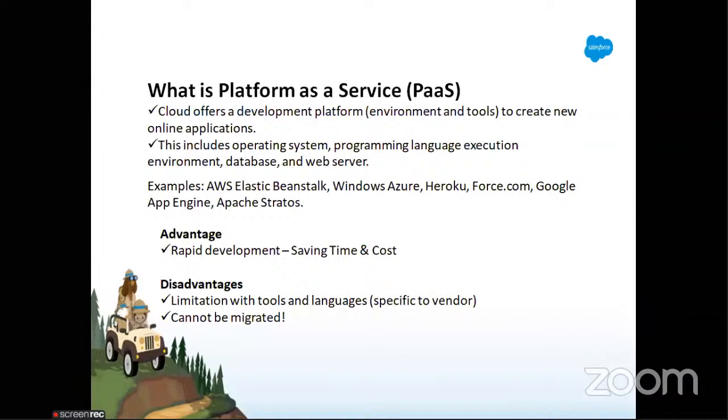These are platform as a service. The main advantage is rapid development; it saves your time and cost. The disadvantage is that there are limitations with the tools and languages, which are specific to the vendor. That means we have to use things as provided by the vendor.